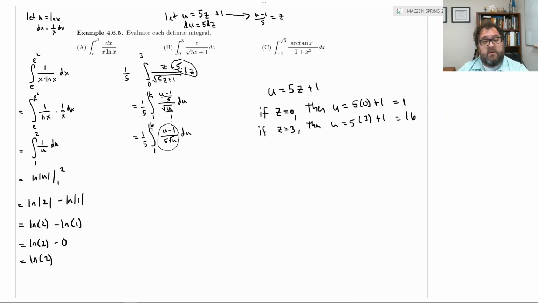Now, before we do that, I need us to recognize also this fact, that (u minus 1) over 5 square roots of u, that's the exact same thing as (u minus 1) over the square root of u times 1 over 5. That is, dividing by 5 is the same thing as multiplying by 1/5.